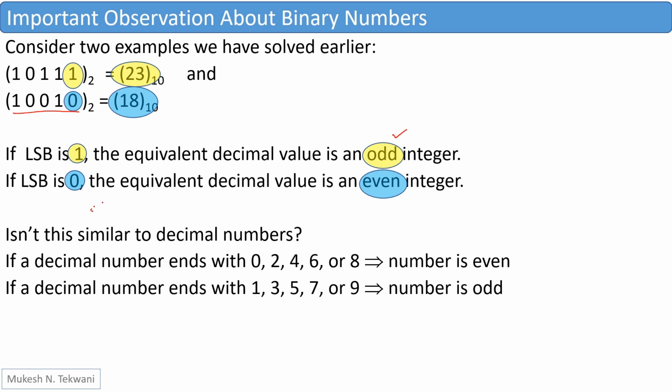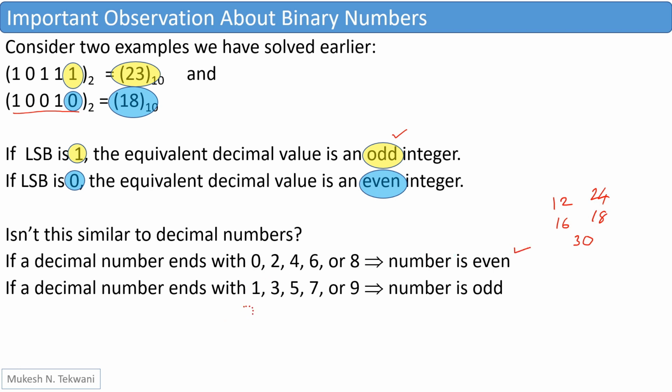Now this you will realize is somewhat similar to what happens in decimal numbers. We know that any number which ends with 0, 2, 4, 6 or 8 is an even number. So for example, numbers like 12, 16, 24, 18, 30, all numbers ending with 2, 4, 6, 8 or 0 we say are even numbers.